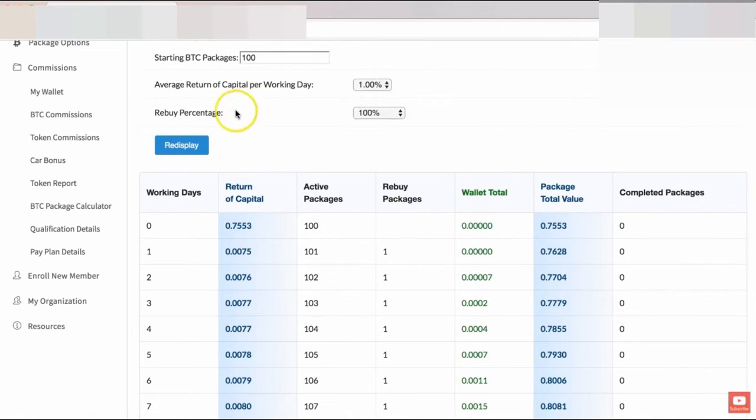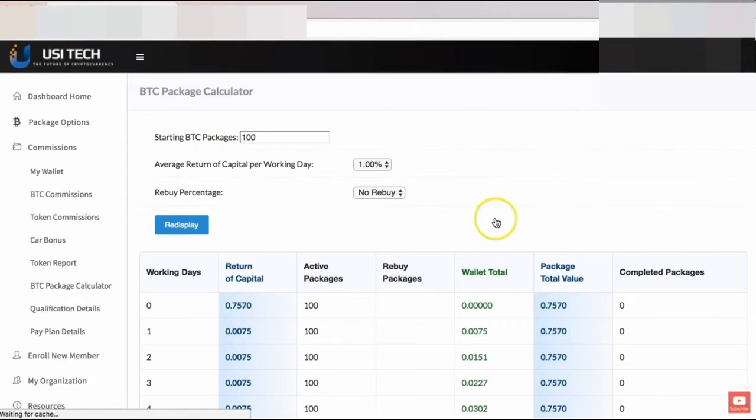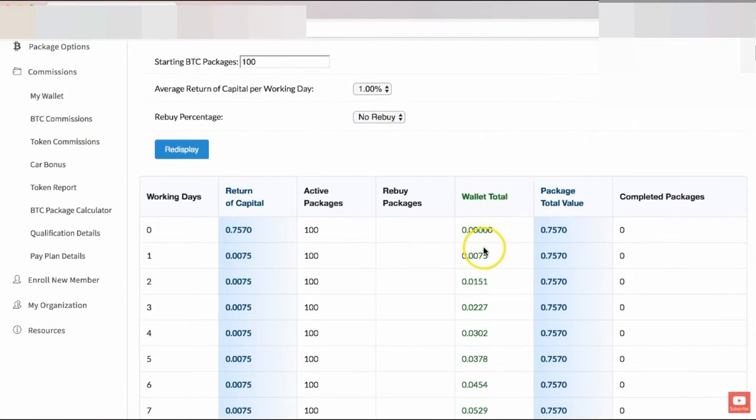If I were to set this to no rebuy, then you can see that the total just grows and grows because the available balance is growing because I'm not compounding any of my returns. So that just means that I could do whatever I want with this available balance. I could let it build up and then just withdraw it, or I could compound it at the end.